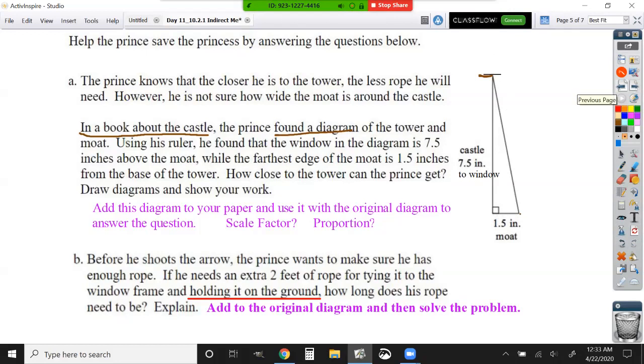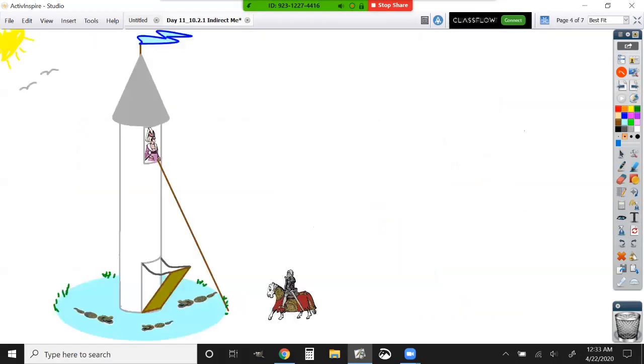So if we look at that on our picture, for part A, first of all, you need to have this drawing, so pause your video if you don't have a drawing. For part A, I want you to add their little side drawing here, which basically says that if this is the rope, this is 7.5 inches, and this was 1.5 inches.